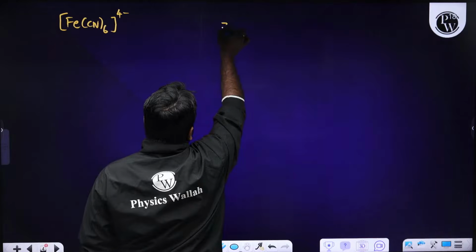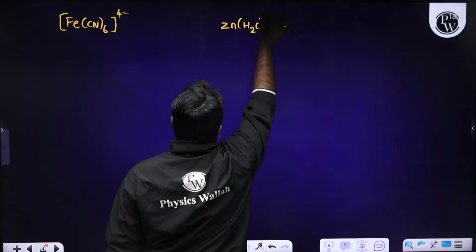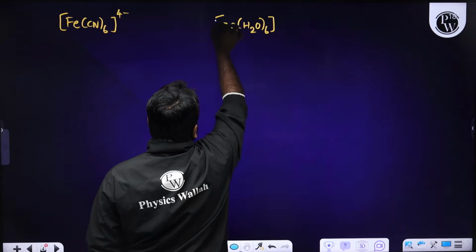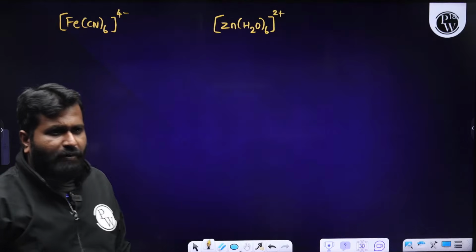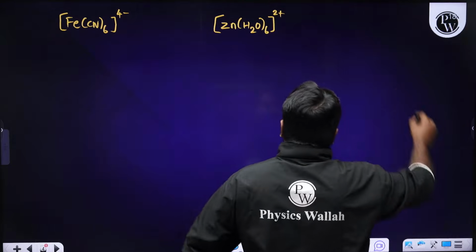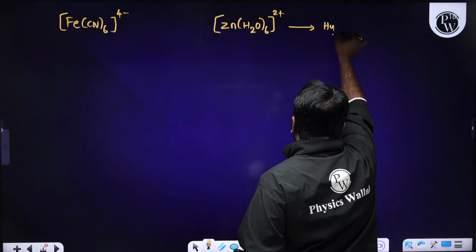Next one, [Zn(H2O)6]2+. Imagine we are sitting in the exam hall. Quickly calculate the hybridization and tell me, my dear students, for both.